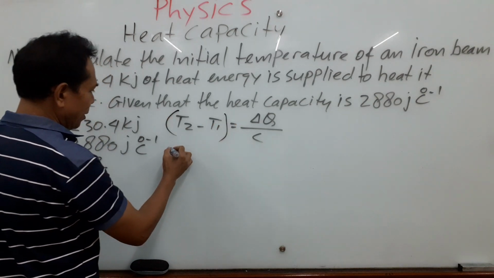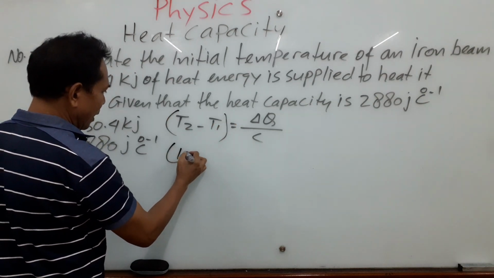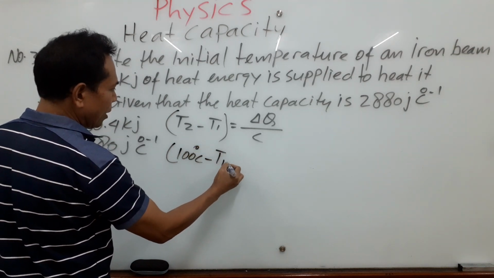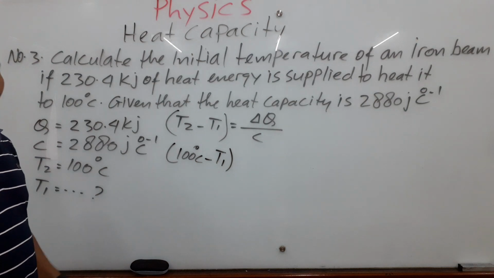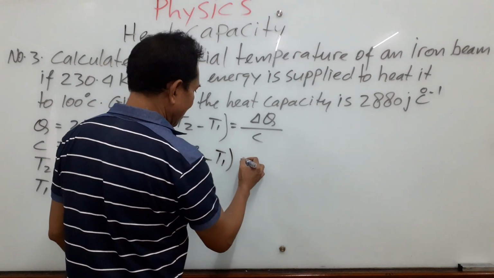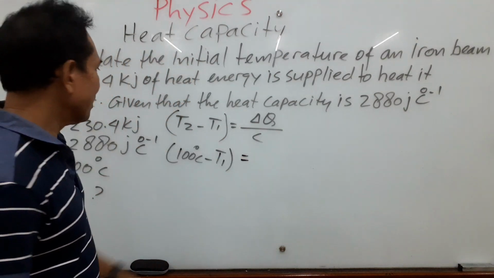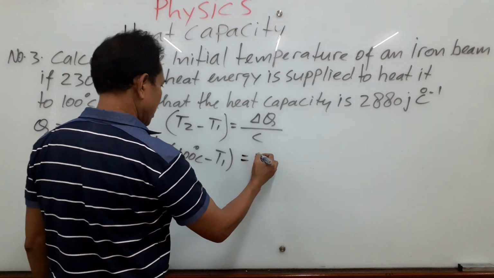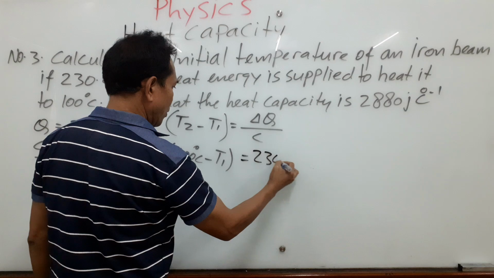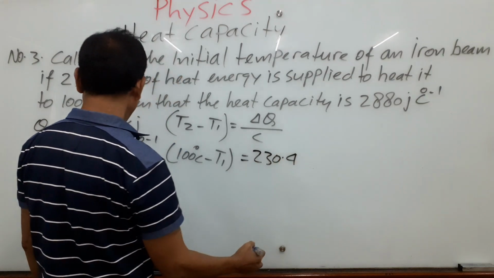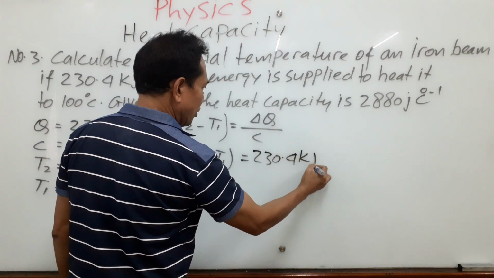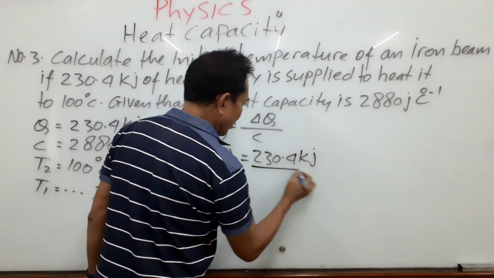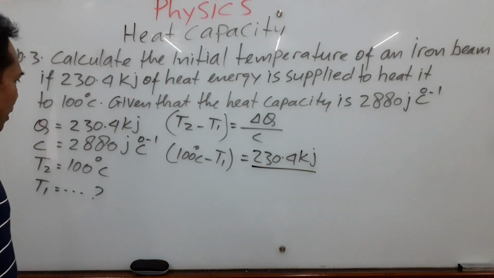So 100 degrees Celsius minus T1, we don't know T1, so we just put it there, equals delta Q, we have Q here, 230.4 kJ over the heat capacity.